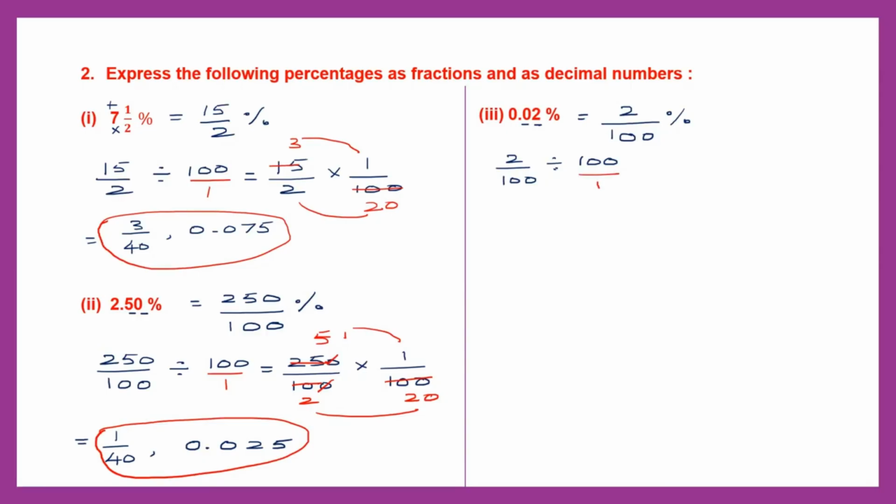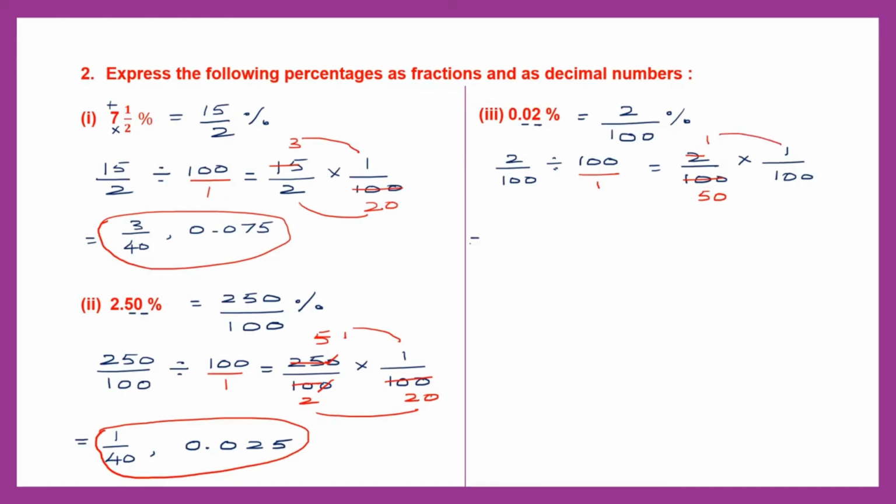So this will be equal to 2 by 100 into the reciprocal, 1 by 100. 100 by 1 has become 1 by 100. Now we multiply the numerators and the denominators. But before that, see if there's something you can cancel. I can cancel 2 and 100. So 2 ones are 2. I can cancel this 100 also. 2 fives are 10. So that's 50. So let's multiply the numerators and the denominators.